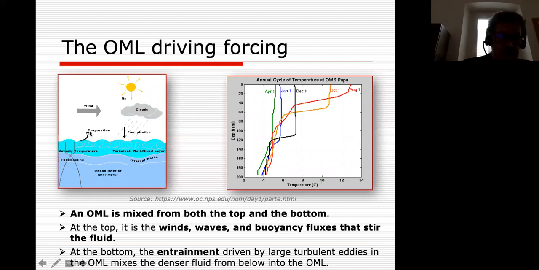You know, evaporation means that you cool water, so the temperature at the surface of the mixed layer changes because of evaporation.